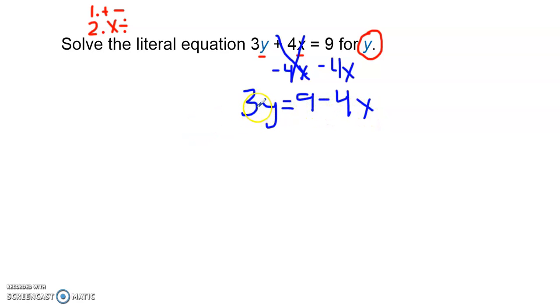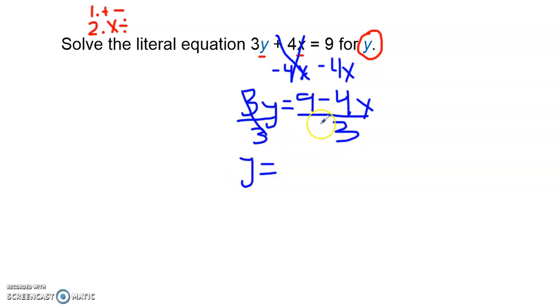Now we have this 3 that is being multiplied to y, so we are just going to divide, and then we can just divide by everything on that side. So y is left alone, which is what we want.